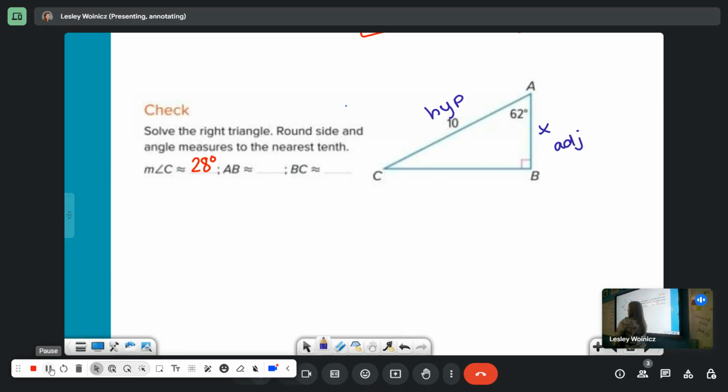So which of my ratios compares adjacent to hypotenuse? Cosine. So cosine of 62 degrees equals x over 10. So I can get x alone by multiplying both sides by 10. And this is what I put in the calculator, 10 cosine of 62.